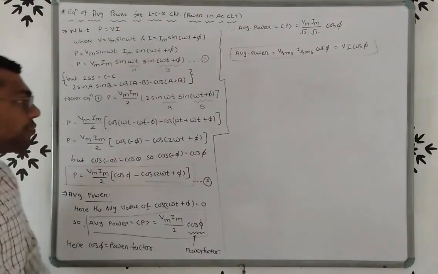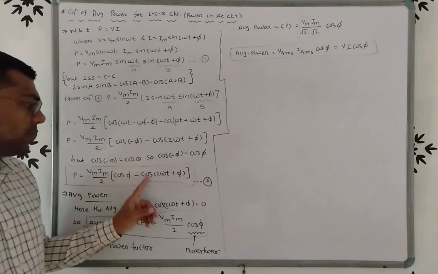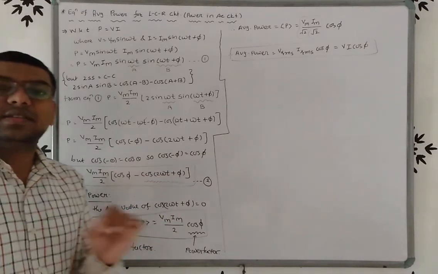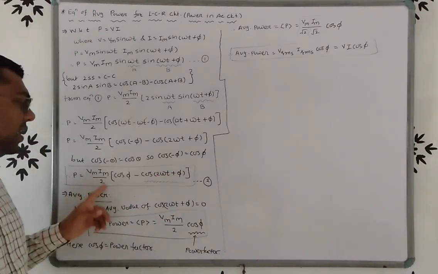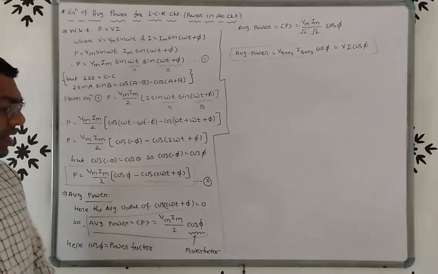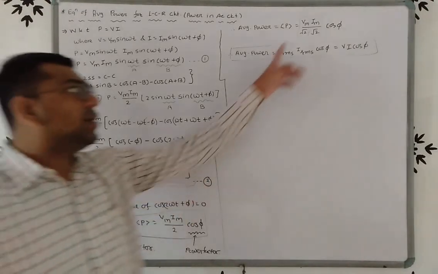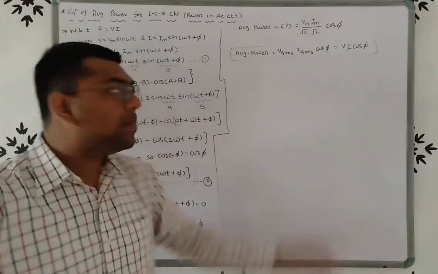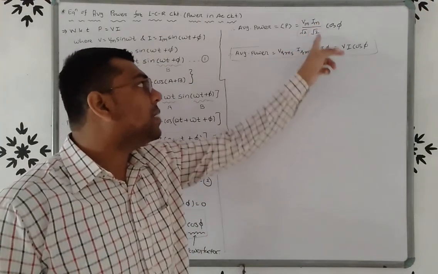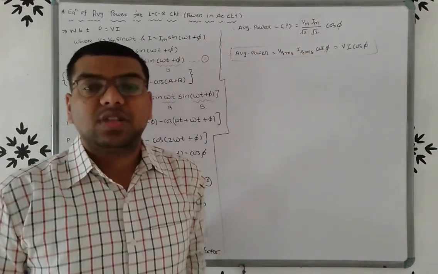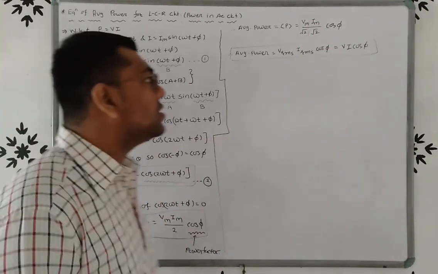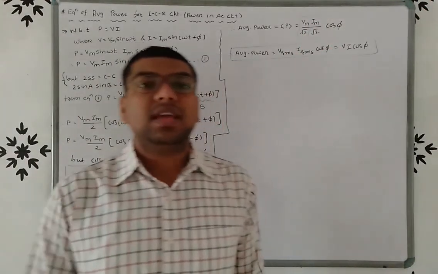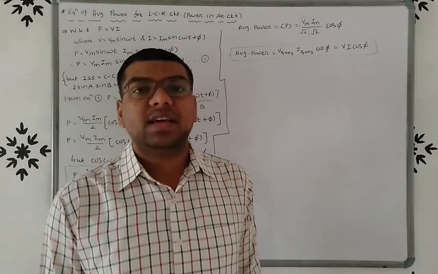Once again, the average value of cos 2 omega t plus phi is equal to 0. So average power is equal to Vm Im by 2 cos phi, right? So instead of 2 we can write root 2 into root 2, because Vm by root 2 is Vrms and Im by root 2 is Irms. So the equation of average power is Vrms Irms cos phi, or you can say VI cos phi, right?